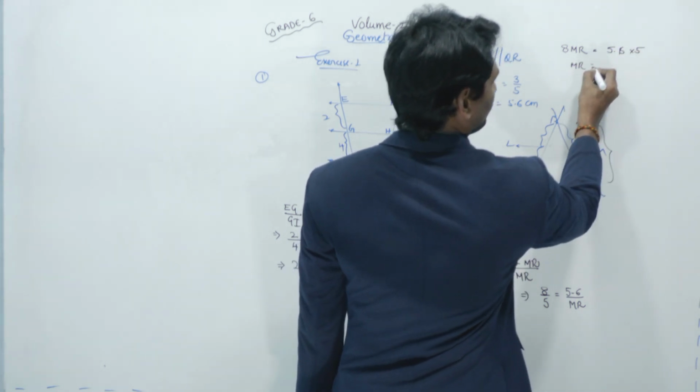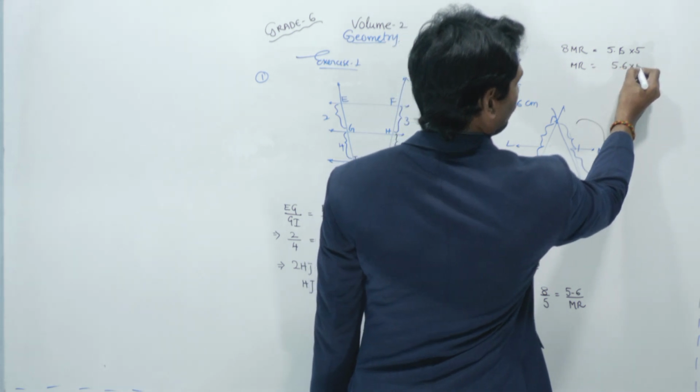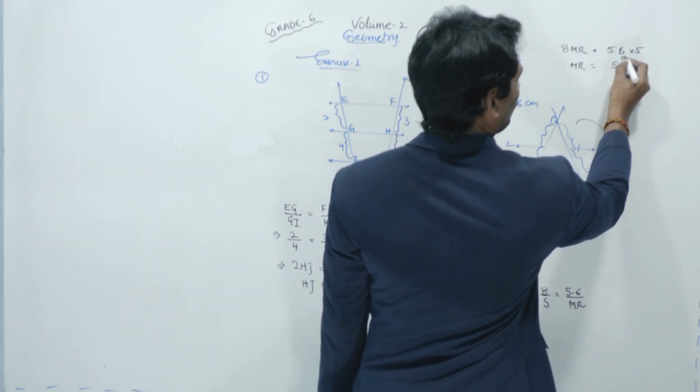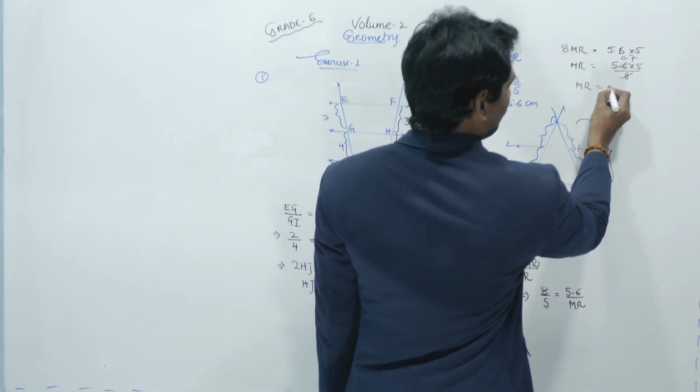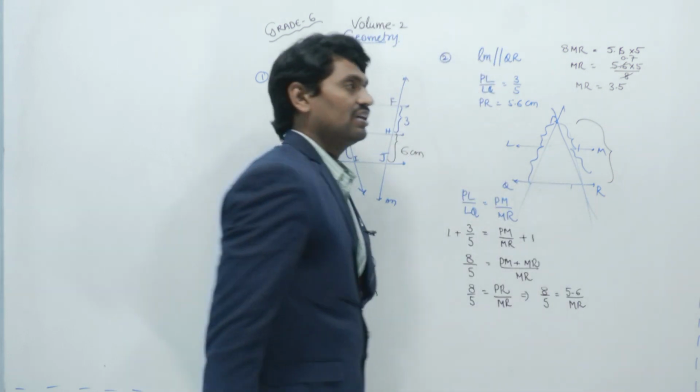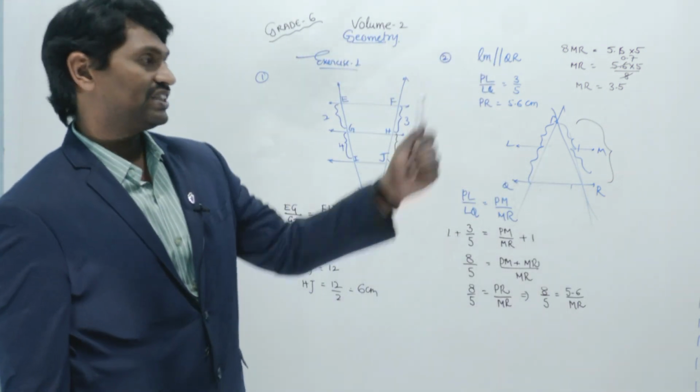So MR value is 5.6 into 5 by 8. 5 into 0.7 is nothing but 3.5.